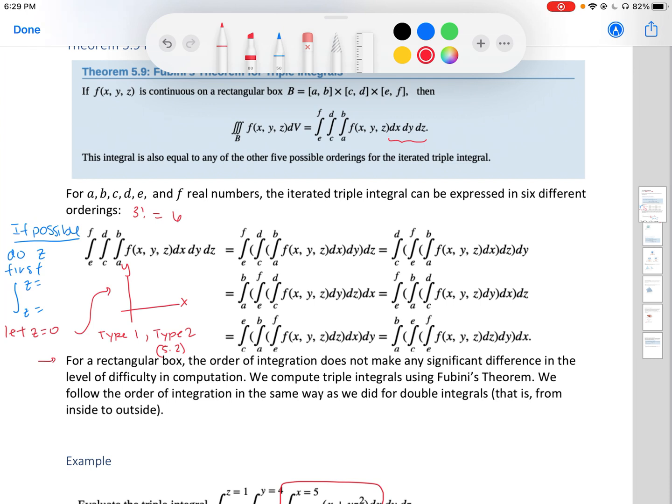Now, a disclaimer is not all integrals should start with the z integral. That would vary on the problem, but I think a good plan is to try to get z out of the way first. But there is that condition that it might not be the easiest. All right, let's continue with our second example.